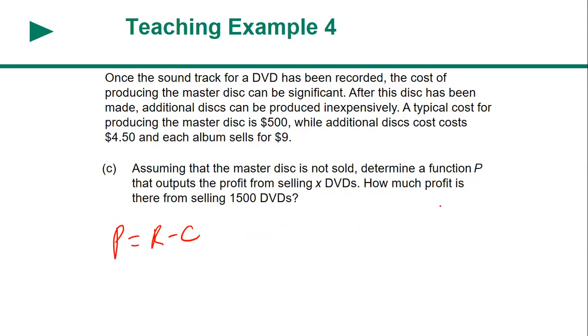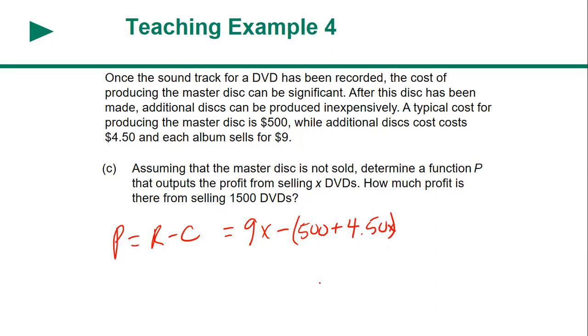So if I wanted to make a full and final profit function, this would be R, and the formula for R was 9x, and the formula for C was 500 plus 4.50x.